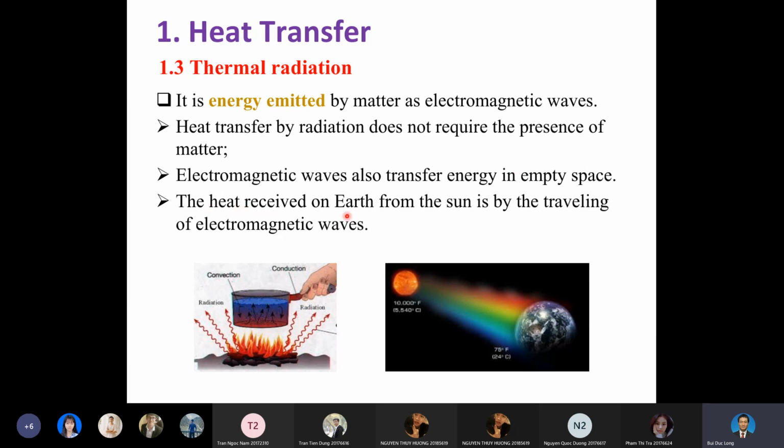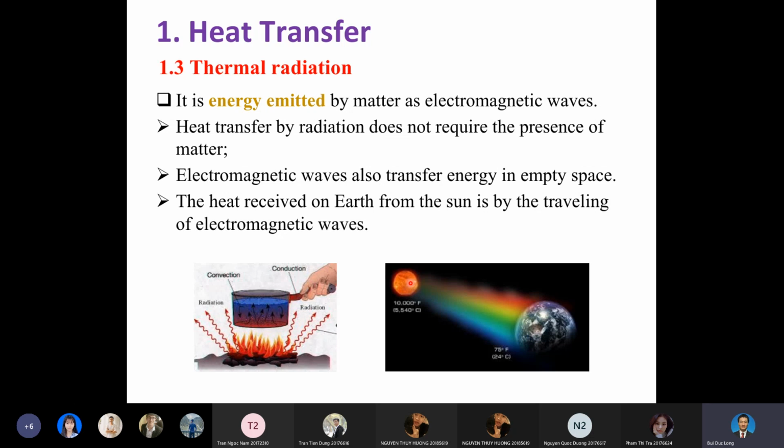So the heat we receive on Earth from the sun is transferred by electromagnetic waves, by radiation. For your information, any object with a temperature greater than 0 degrees will emit radiation.